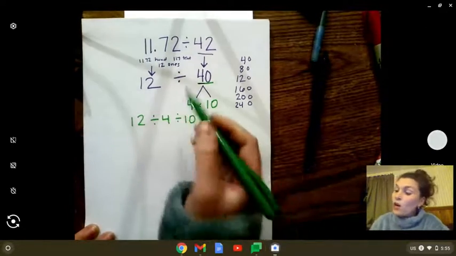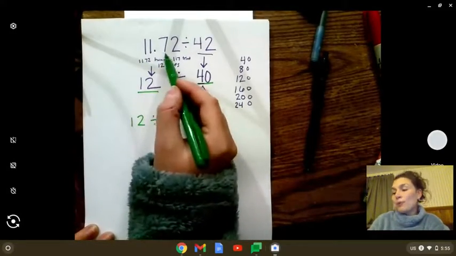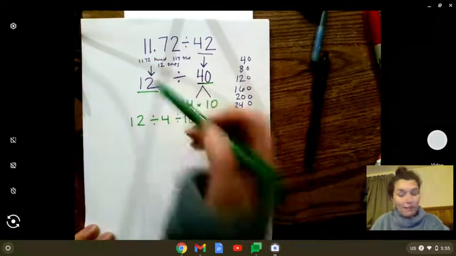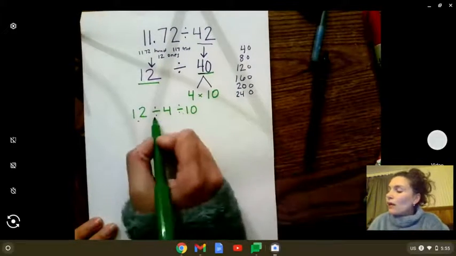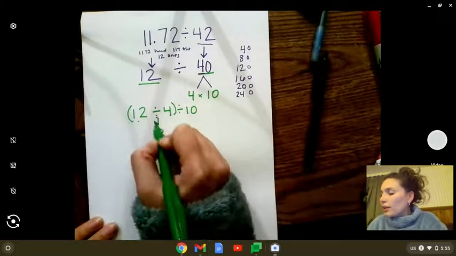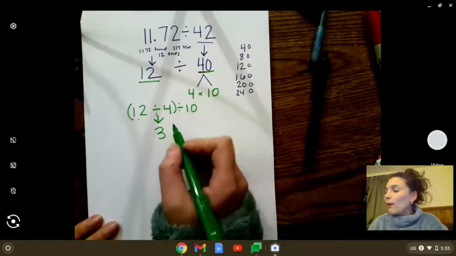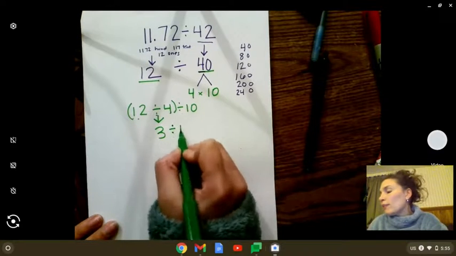Because I know that I can divide 12 by 4. And 11 decimal point 72 is close to 12. So 12 divided by 4 is 3. So I took the 12 divided by 4 and changed it to a 3. Now I have 3 divided by 10.